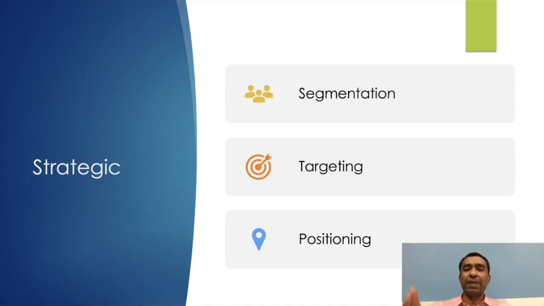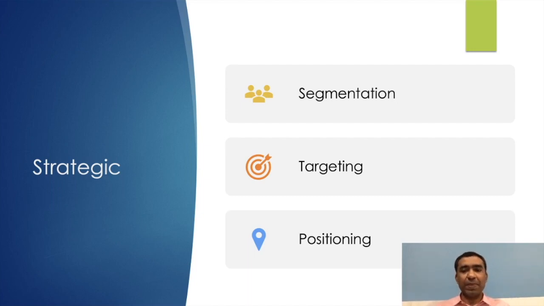For example, you have developed very efficient, accurate hearing devices which you can use for people with hearing disabilities. It means that these are your target segment. You have to focus on these people who have difficulties in hearing.